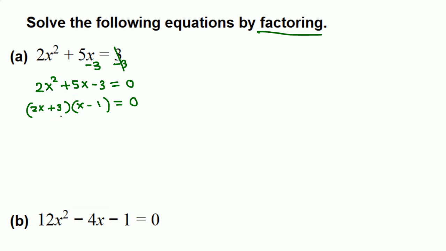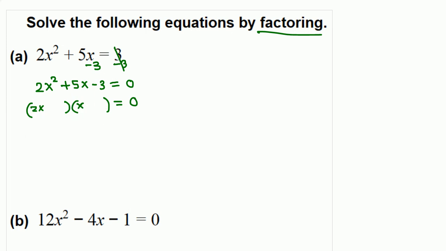When we FOIL, the middle terms are 2x times negative 1, negative 2x, plus 3 times x, plus 3x, and they produce plus x, not plus 5x. So this is not going to work this way. So we need to switch.